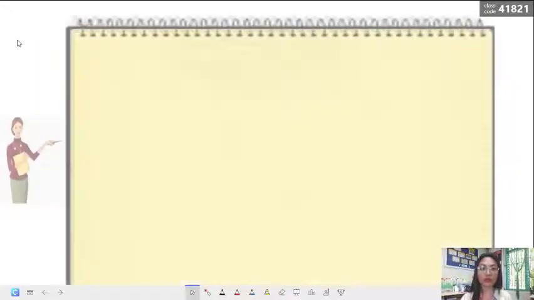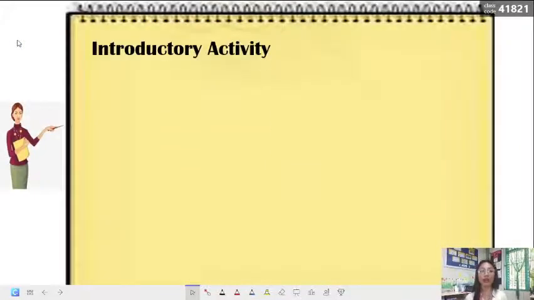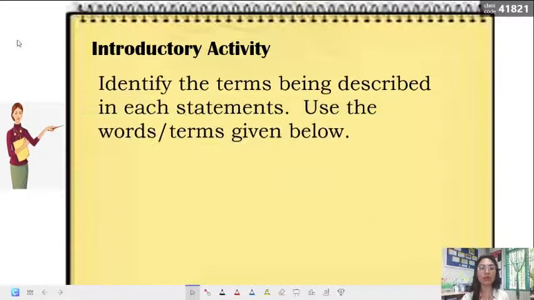So, to get started, my dear students, I want you to do this introductory activity as a review of our previous lesson. In this activity, you're going to identify the terms being described in each statement, and you're going to use the terms given below.